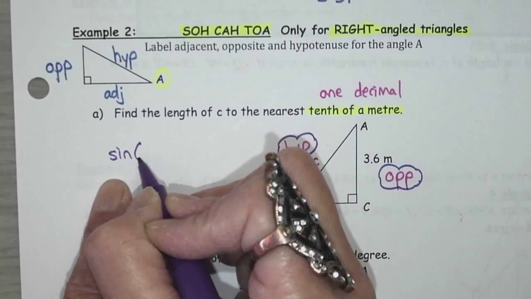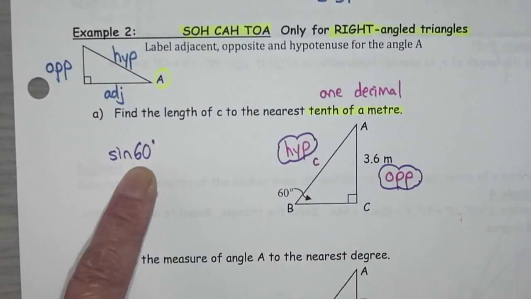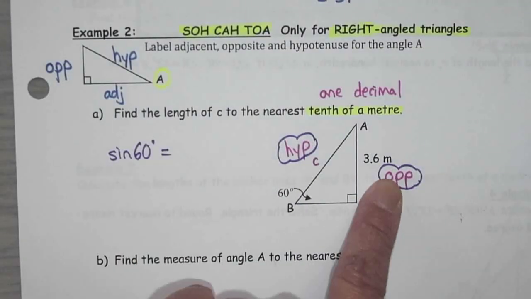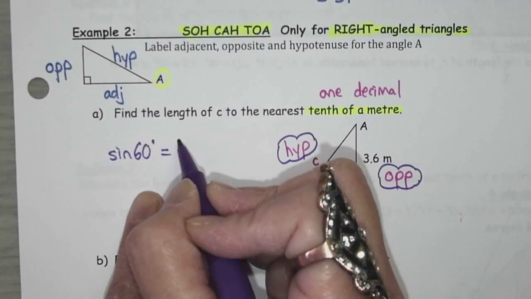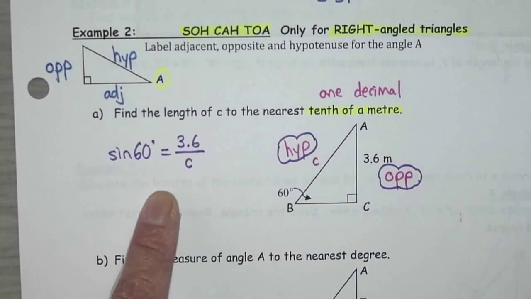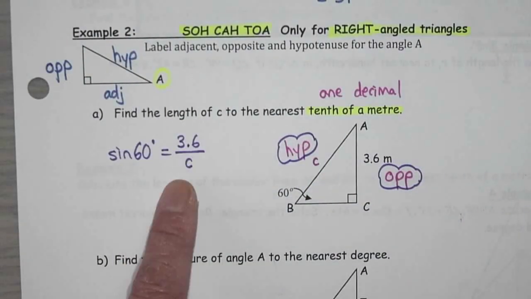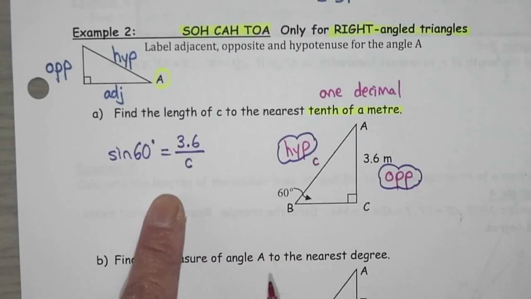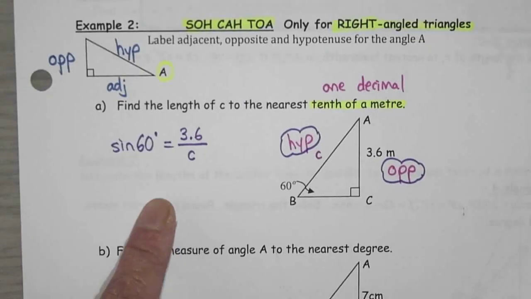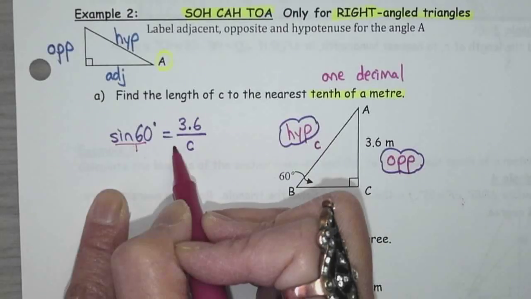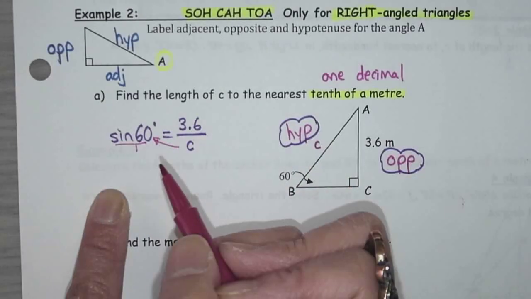Sine of 60. So it's lowercase sine of 60. So I write it like that. Equals, and it's O over H. So O is 3.6 over H, which is C. So you're filling it in, the O and the H. Does that make sense? O and H. Now I want to solve for C. When I solve for C, the best way to do this one is to imagine that this is over 1 and I'm bringing this up here to multiply.